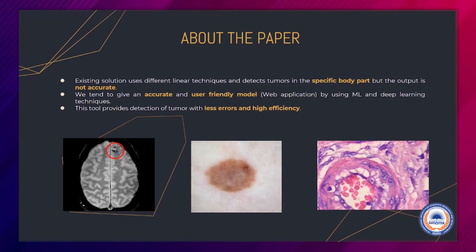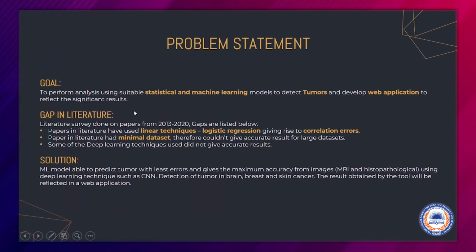So the goal here is to perform the analysis using suitable statistical and machine learning models to detect the tumors. In the literature survey, we found that many of the present research, which was done already, uses a logistic regression model, which had a lot of correlation errors. And there are very few data sets in this particular area.